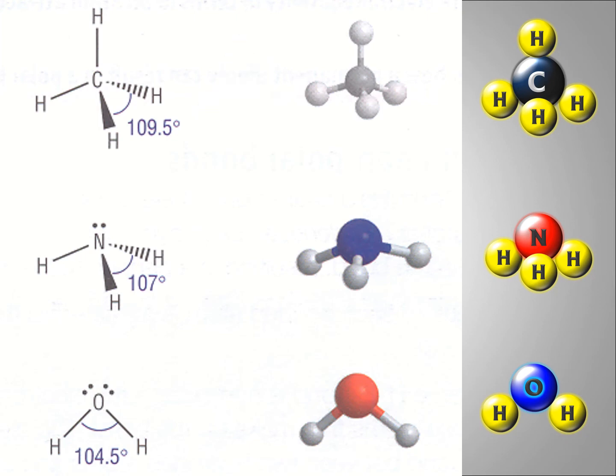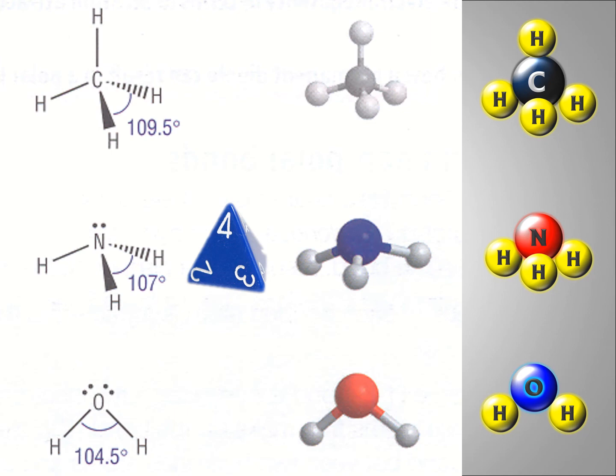But then the next one down, NH3, doesn't exactly look like a tetrahedron, but it is a tetrahedron. It's just that one of those corners is no longer visible from the outside, because notice nitrogen has an unshared pair of valence electrons. Just like we saw in the water molecule, those act as the fourth pair. So there are still 4 pairs of valence electrons around the central atom.